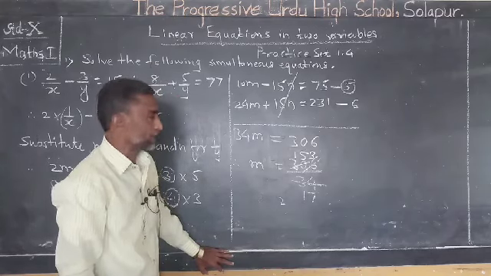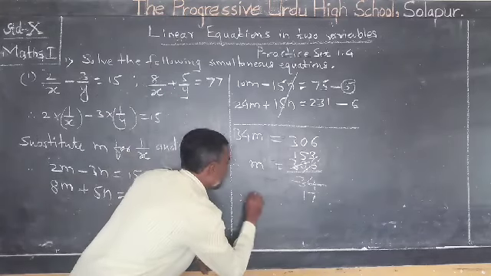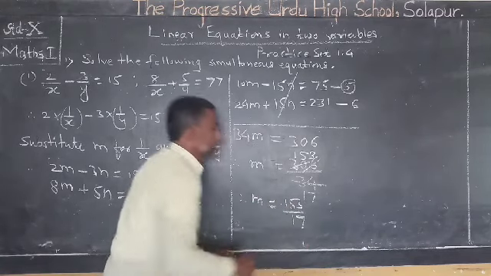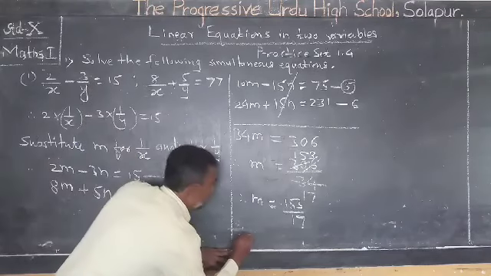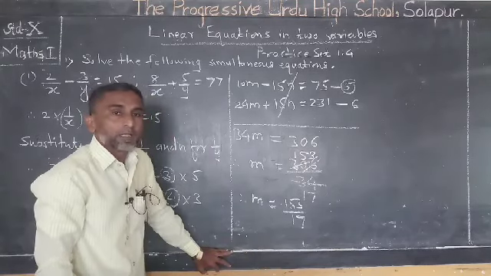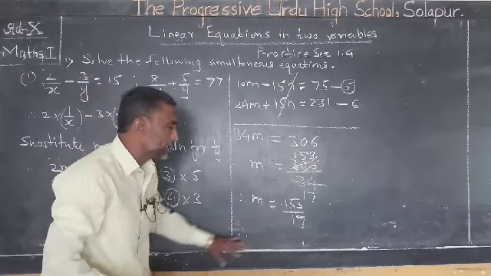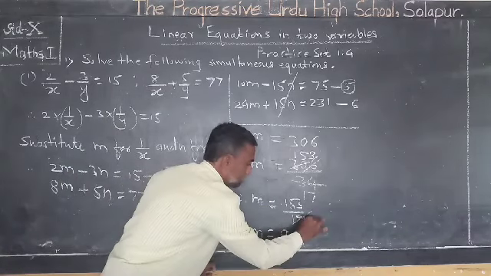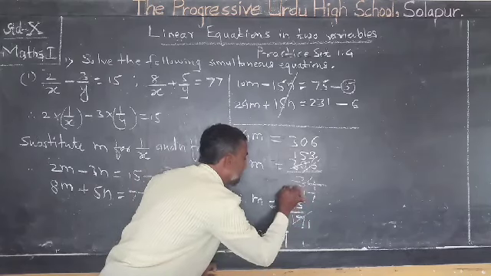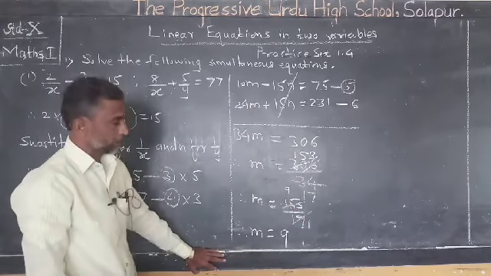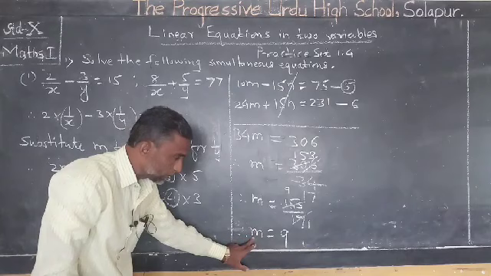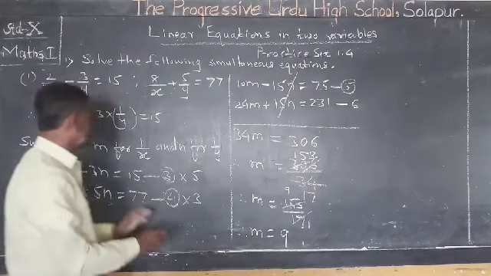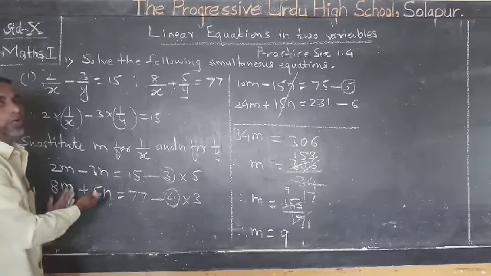So 153 upon 17. Therefore, m is equal to 153 upon 17. Next, divide. You know the table of 17. 17 ones are 17, 17 nines are 153. Therefore, m is equal to 9. Now we got the value of the variable m. Now, put this value of m in equation number 3 or 4.